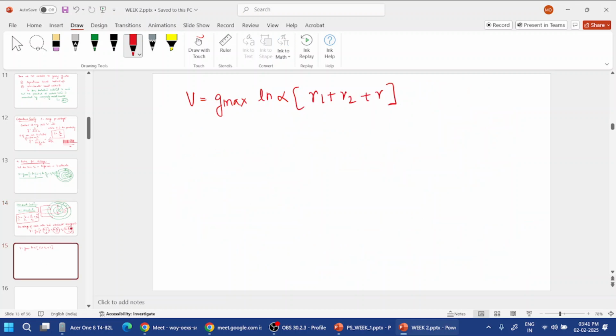So the remaining will be inside the log. That gives the voltage of the cable with the intersheath like this. Okay, I hope you have understood this question. Now we will solve.